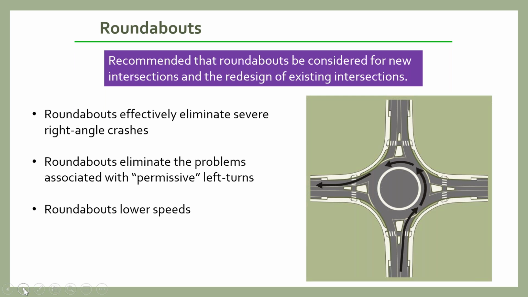And let's say this approaching driver doesn't see that the light is red, and they blow through the red light, or they blow through a stop sign, and they collide with another vehicle going in the other direction from the other approaching road that maybe has the green signal indication.